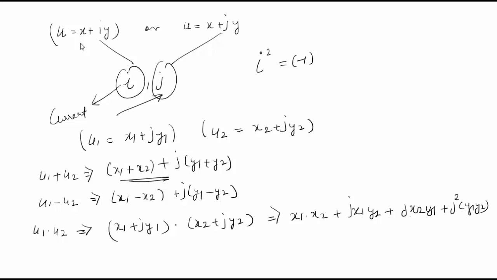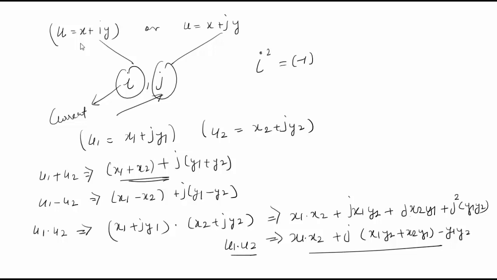If I simplify this, what I will get is x1 x2 minus y1 y2 plus j into (x1 y2 plus x2 y1). So this is my u1 into u2.